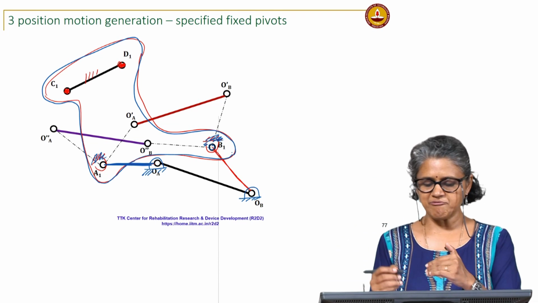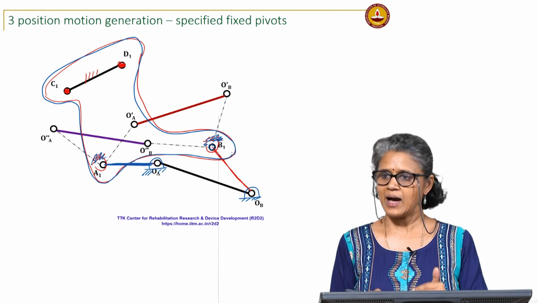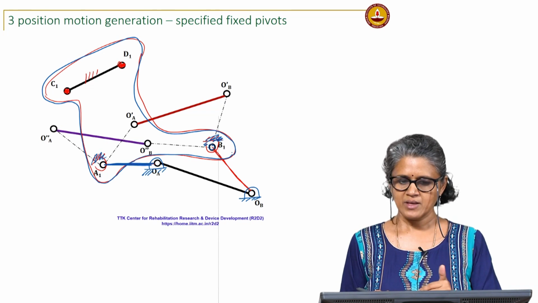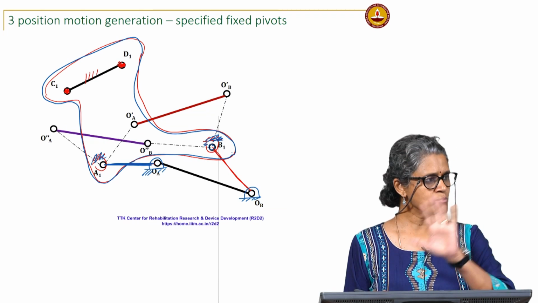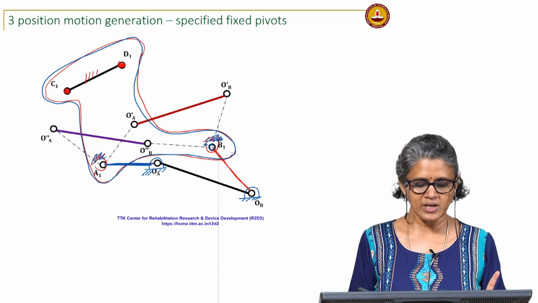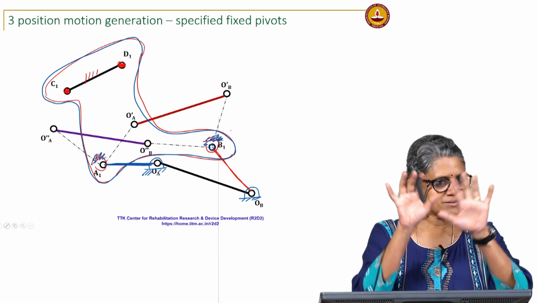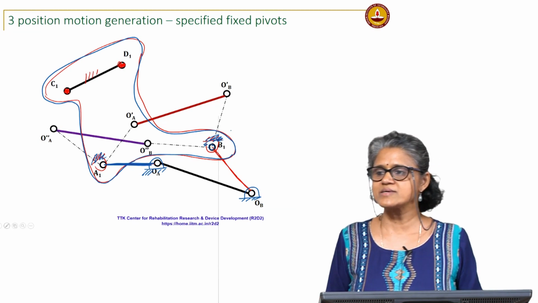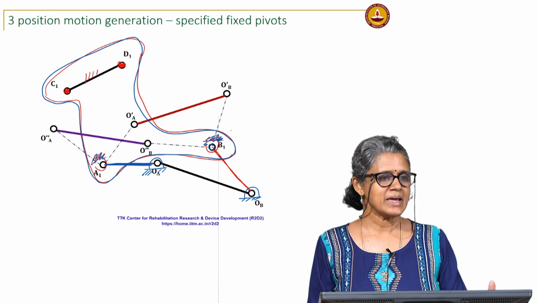So, basically I have found what are the points for which OA and OB are the center points. I found the corresponding circle points on the moving coupler. I found the moving pivots. Okay. Hopefully, these will be in a location that is suitable for my application.